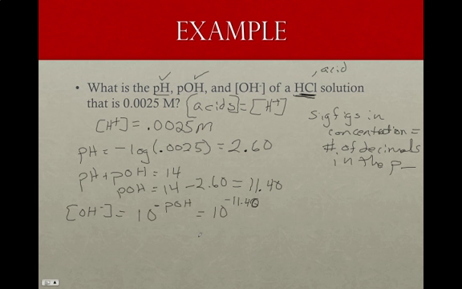So when we put that into our calculators, we will use the second function of our log button. And when we do that, 4.0 times 10 to the negative 12th molar. So that gives us our hydroxide ion concentration. And hopefully that helps you guys out with your homework, and good luck with the problems.